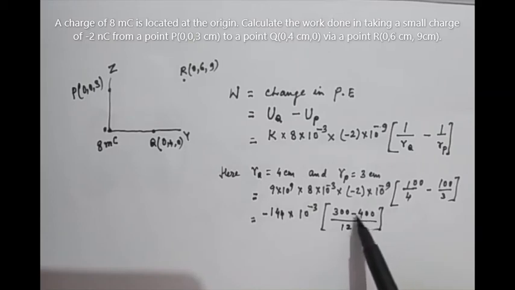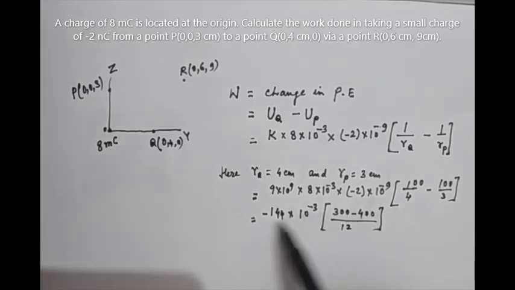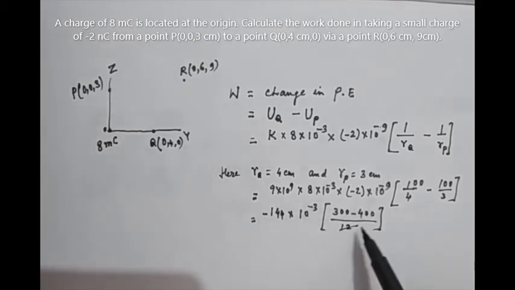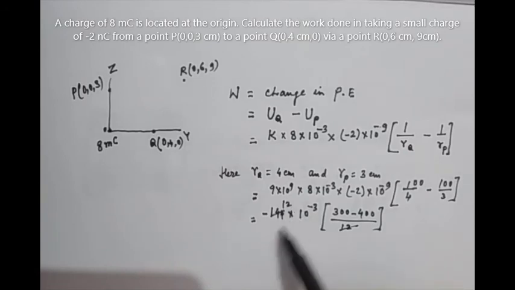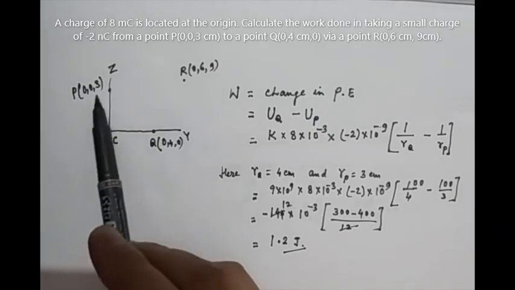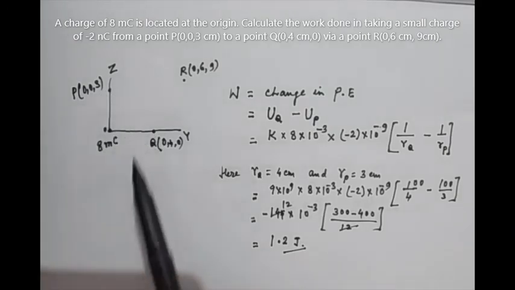This is equal to minus 100, minus cancel, and 12, and we get 1.2 joule. So work done in taking the charge from point P to point Q is 1.2 joule.